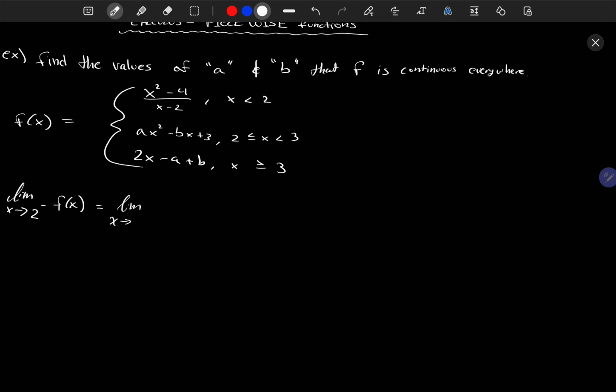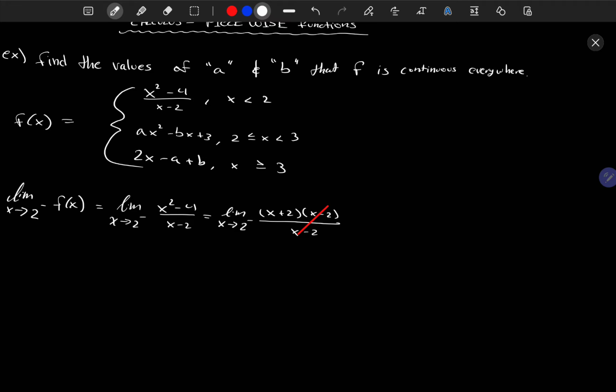the limit as x approaches 2 from the left of x squared minus 4 over x minus 2, which equals the limit as x approaches 2 from the left of x plus 2 times x minus 2 over x minus 2.